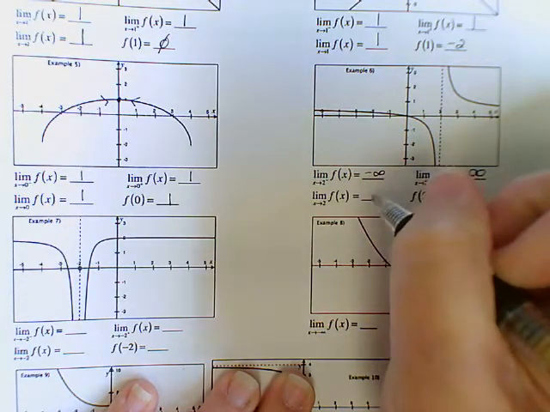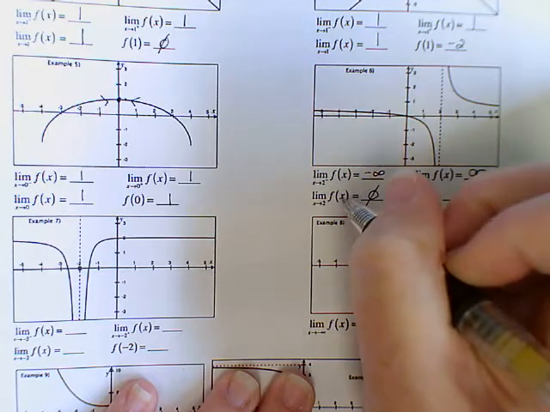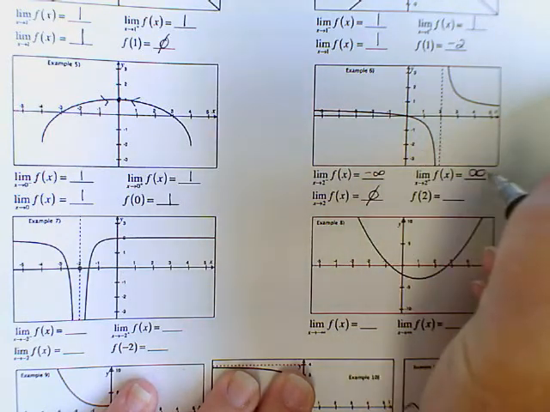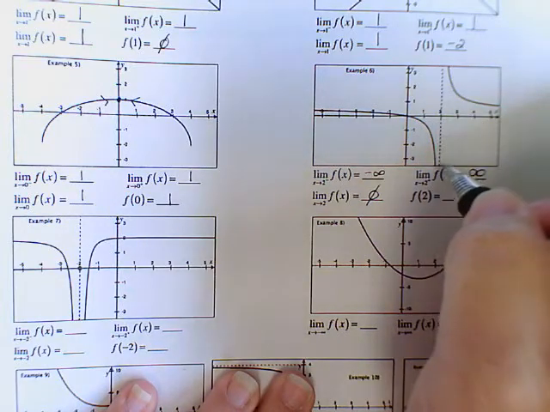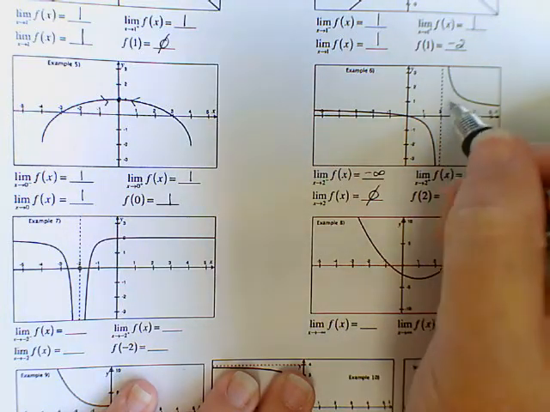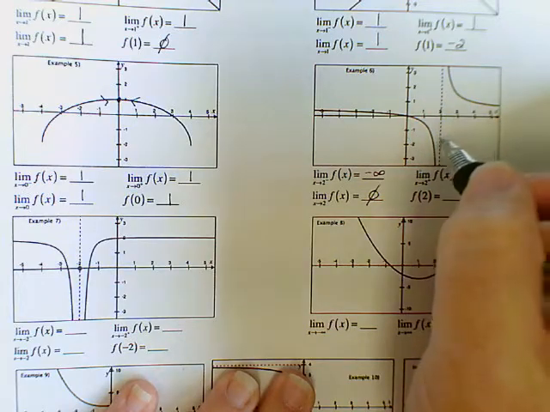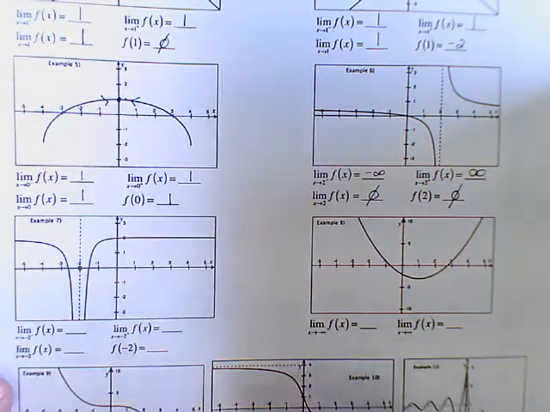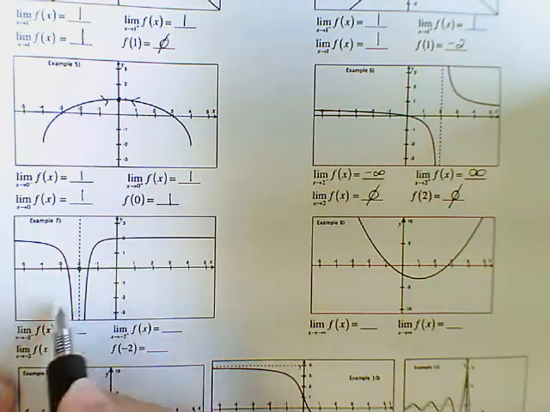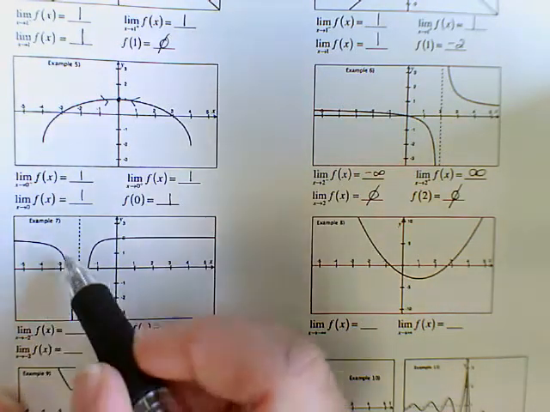And then this limit does not exist, because those two things are not the same. F of 2 does not exist because there's an asymptote, but also because there's not a point anywhere else. It's possible for there to be a point on the asymptote, and there isn't, so f of 2 does not exist.